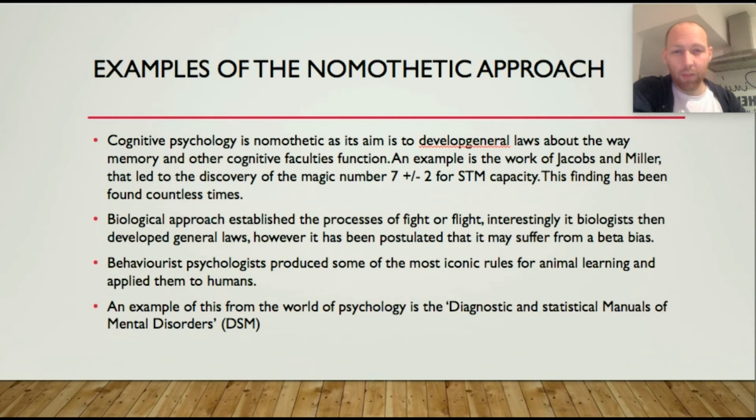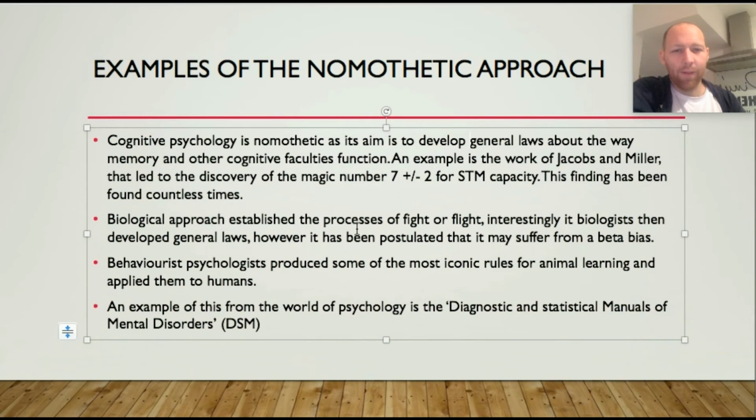Examples of the nomothetic approach then. Cognitive psychology, think about it, we take models and we generalize them to entire populations. We carry out basic experiments like on memory capacity, coding, and then we generalize it pretty much to all humans.